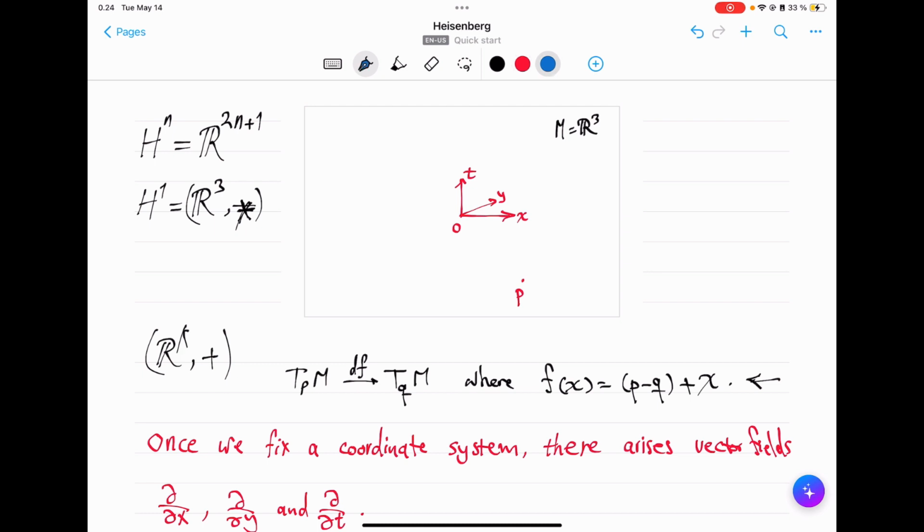So at the point P, it will be partial x, but then there is this additional partial t to it, so it will be something like that. And then the y direction, maybe it goes this way, and then the t part is always just partial t.